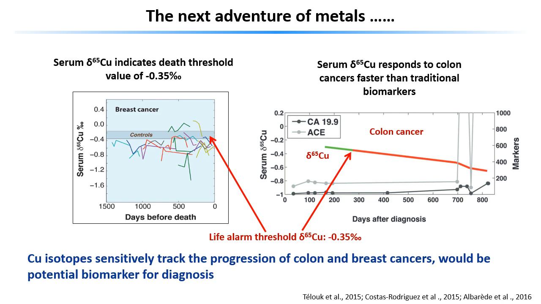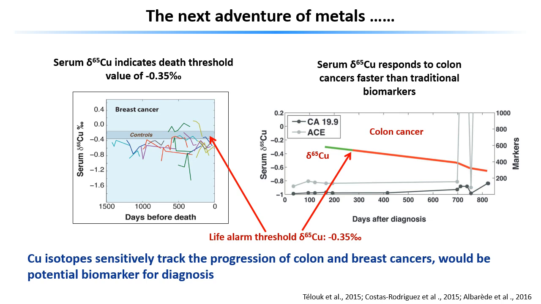On the left figure, we can see the average trend represents breast cancer patients, and the threshold of minus 0.35 per mil refers to the average value of the control group, the healthy persons. Values of delta 65 copper lower than the threshold of minus 0.35 indicate that the patient is close to death.